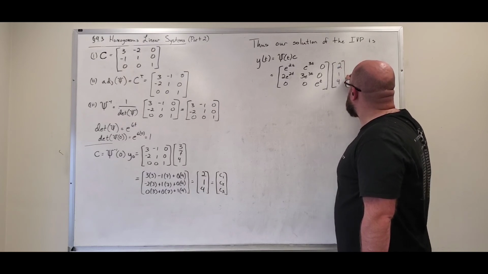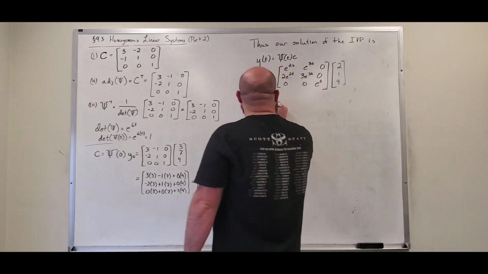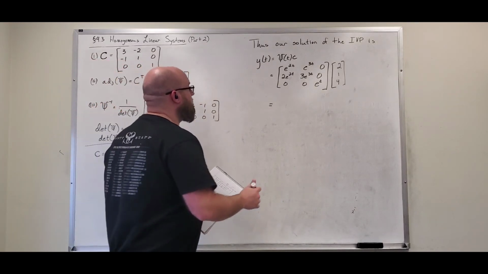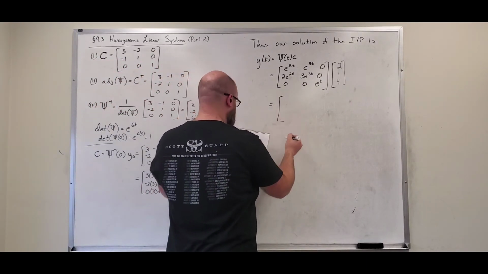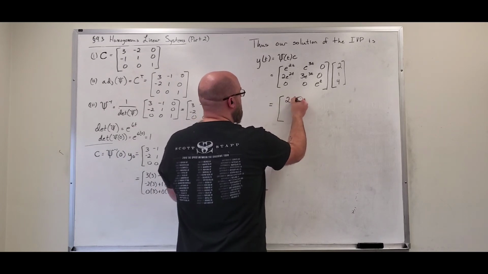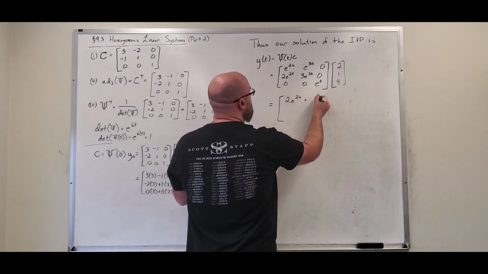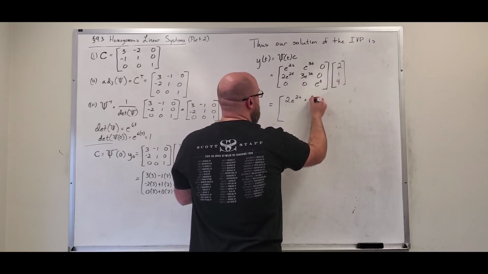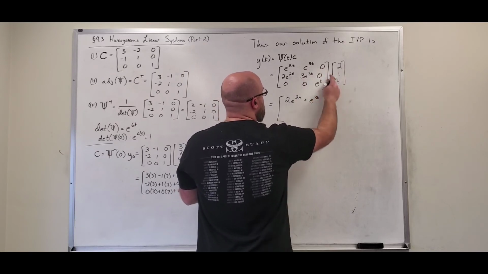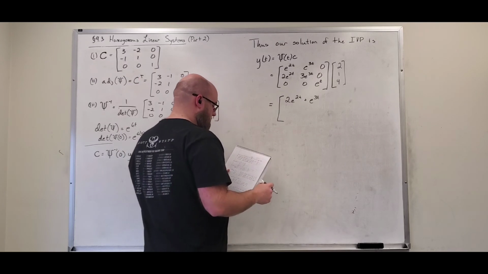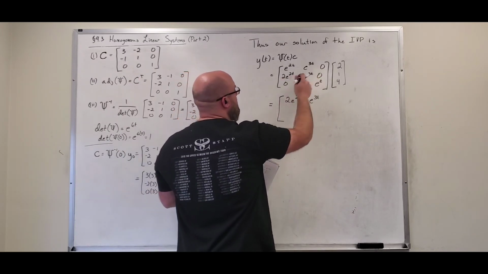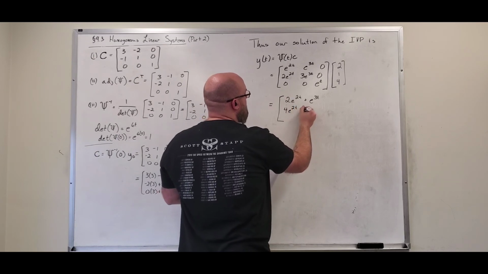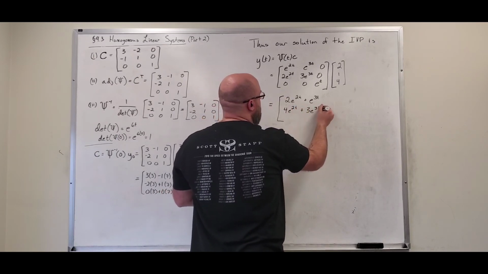When we multiply them together, we get our solution. In our case, we have 2e to the 2t plus 1 times e to the 3t plus 0. Then 2 times 2e to the 2t, so 4e to the 2t plus 3e to the 3t plus 0.